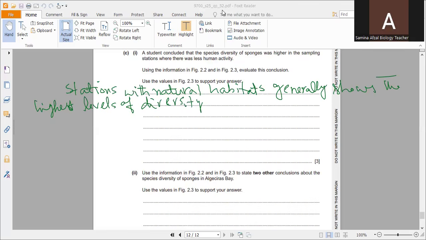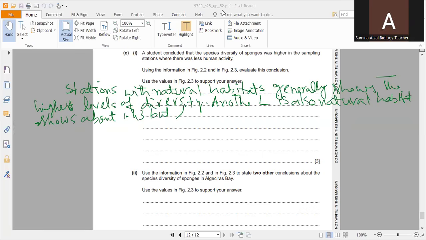Another, L, is also a natural habitat, and shows about 1.43, but less than A and B. So both of these natural habitats show this, whereas station G, which is a thermal power station, is showing the lowest diversity.